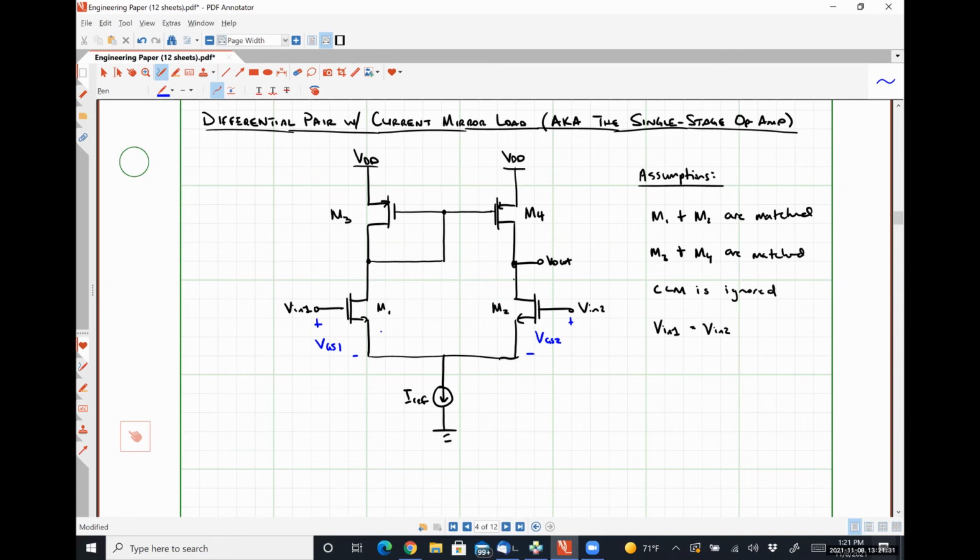Transistor M1 and transistor M2 have to be carrying the same amount of current, and that would be a current of I reference over 2. So what transistor M1 is doing is it's playing the role of the current source that is biasing that PMOS current mirror. Okay, so that means that M3 has to be carrying exactly I ref over 2 as well.